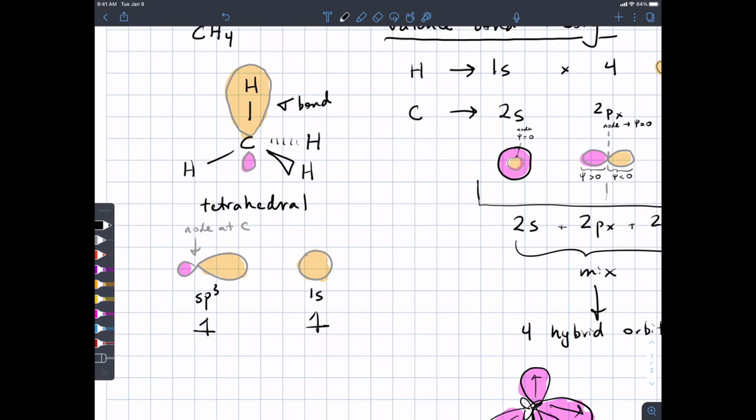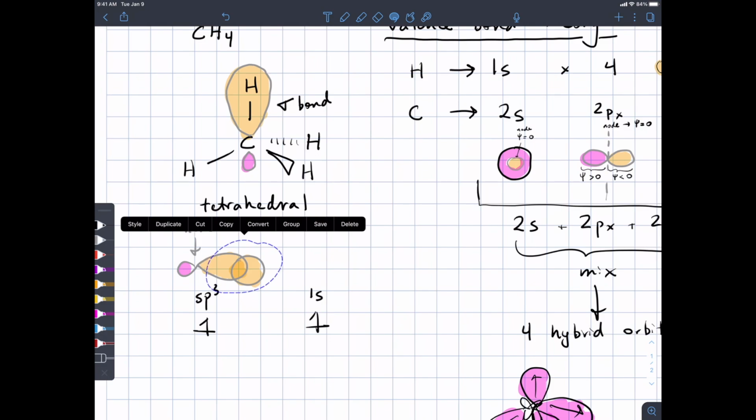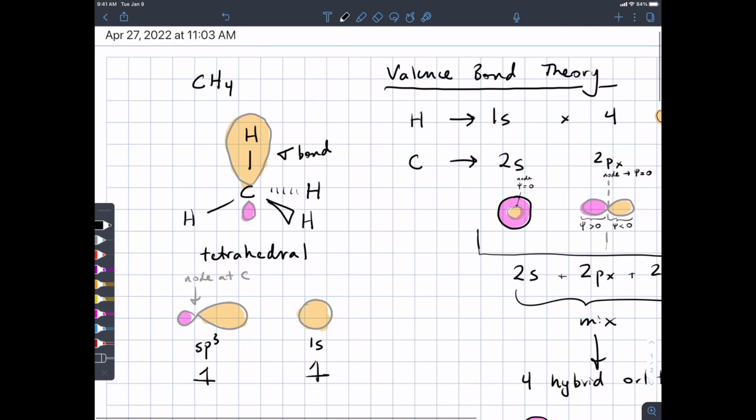So conceptually, do you see how if I brought these two together and then I took the carbon and spun it around, there's no change in the orbital, right? Because it's cylindrically symmetrical about this axis between the two atoms. So because it's cylindrically symmetrical, we call it a sigma bond.